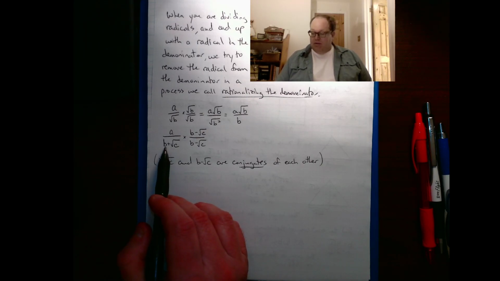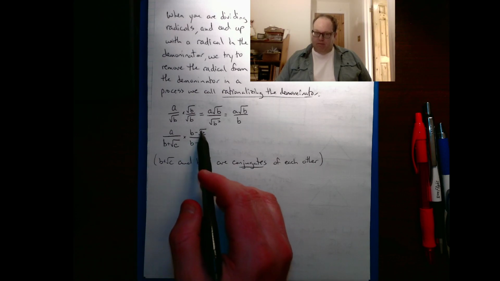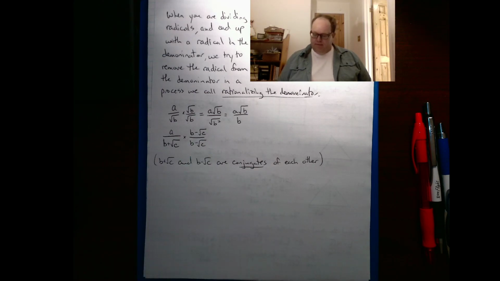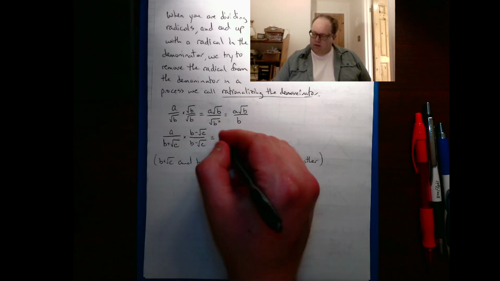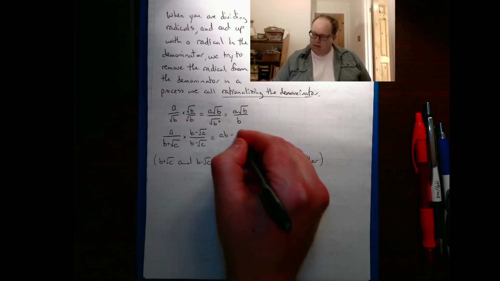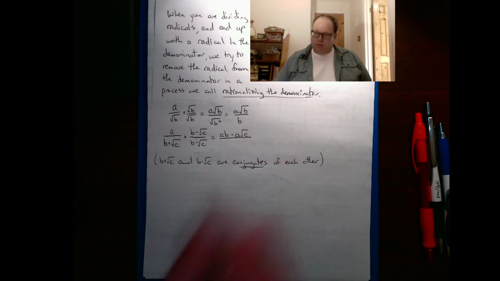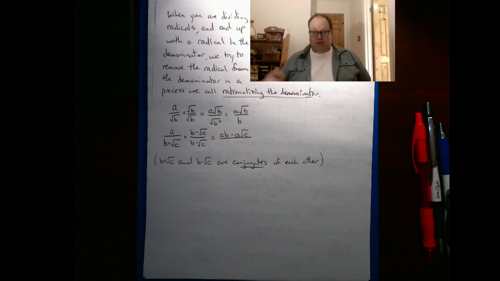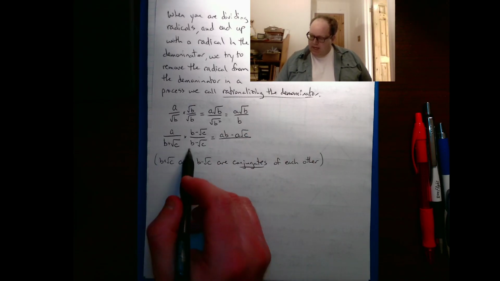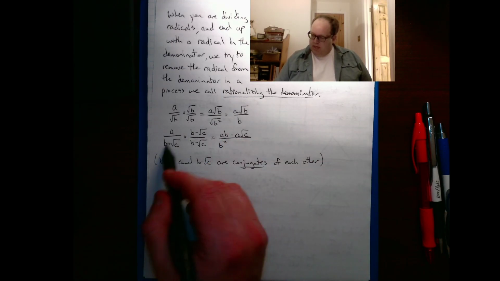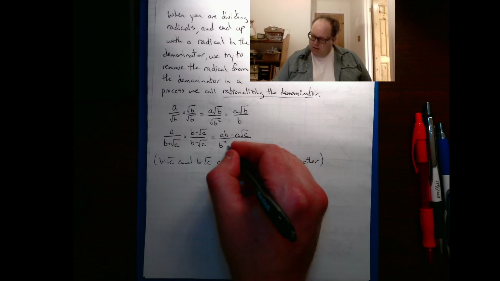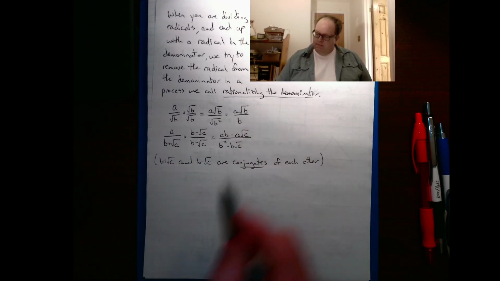Had I started here with b minus root c, I'd multiply by b plus root c over b plus root c. So why do we do that? If I multiply across the numerator, I'd get ab minus a root c. When I multiply across the denominator, b times b is b squared. B times negative root c is negative b root c.